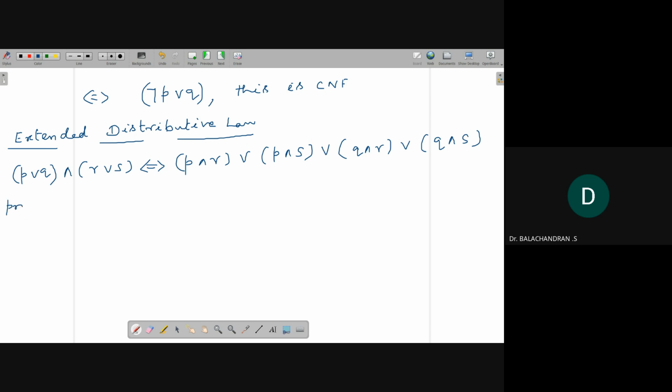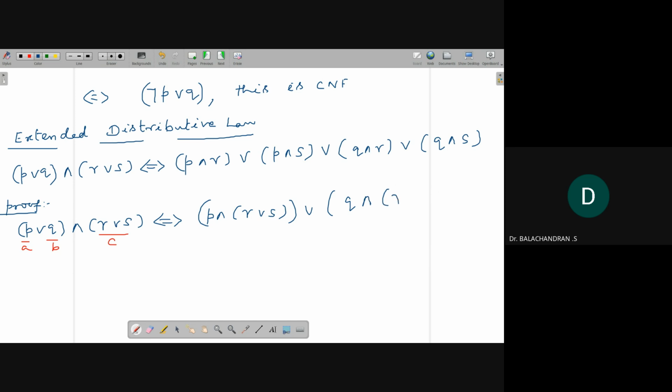I'll give the proof also here. P or Q and R or S. Consider this is A, this is B, this is C. So A and C is P and R or S, P and R, then B and C next, Q and R or S. So first time I applied the distributive law.